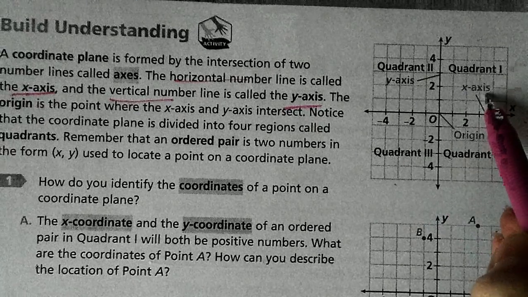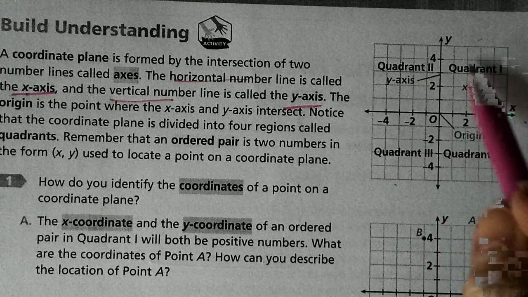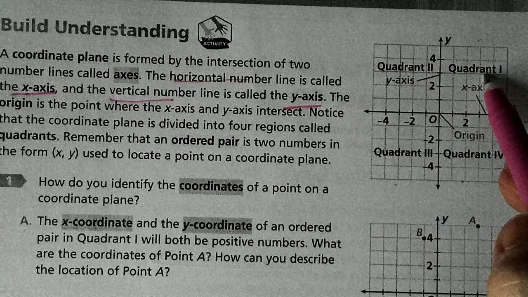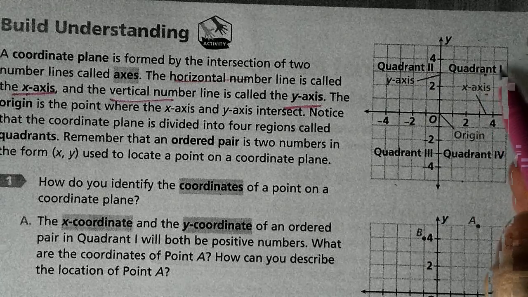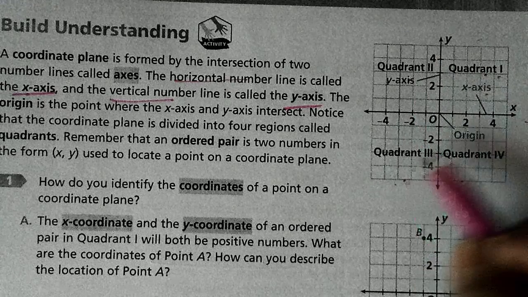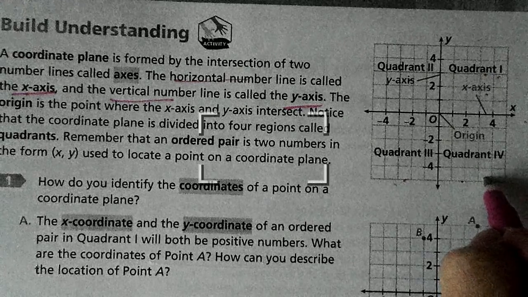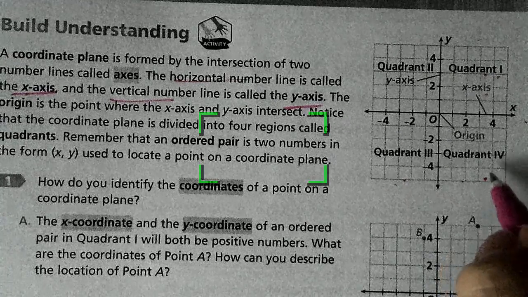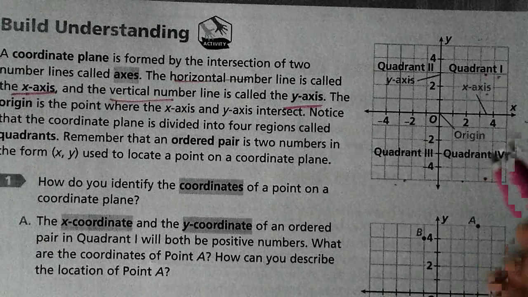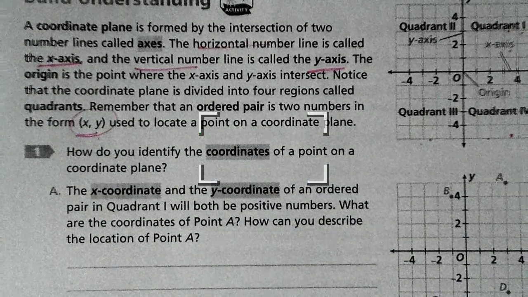The quadrants are labeled counterclockwise, rotating in the opposite direction, and they use Roman numerals. So this would be quadrant 1, this would be quadrant 2, this would be quadrant 3, and this one would be quadrant 4. Okay? And just as we did in the opening, everything is done as a coordinate pair in the form of X and Y.